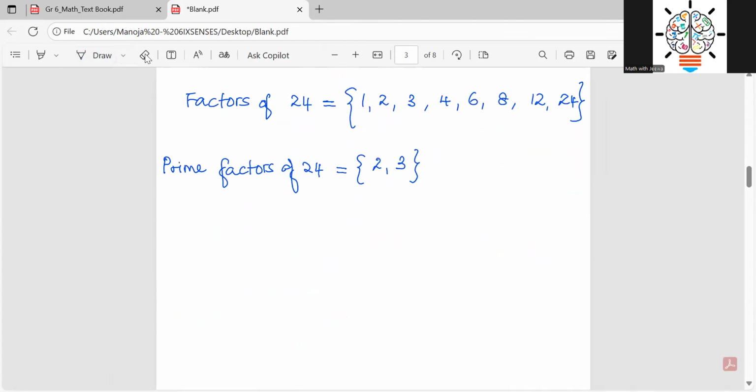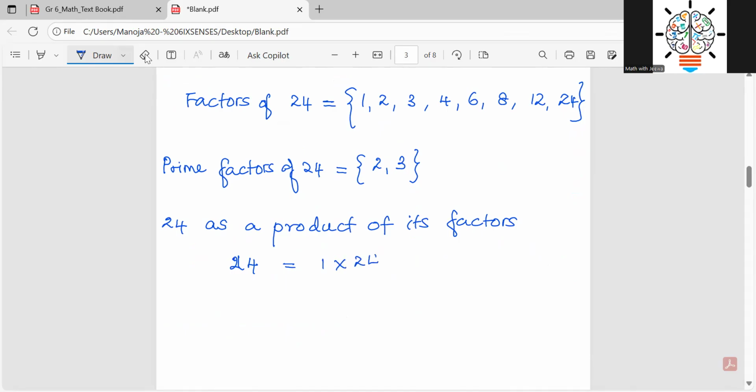Then the next question we can have: 24 as a product of its factors. How are we going to write it? For 24 you can write 1 times 24.